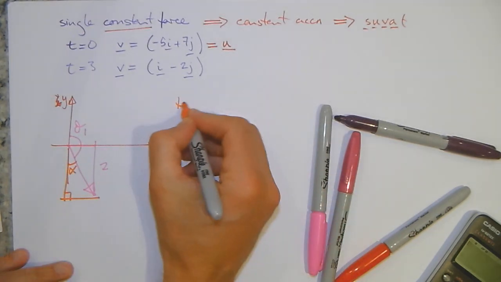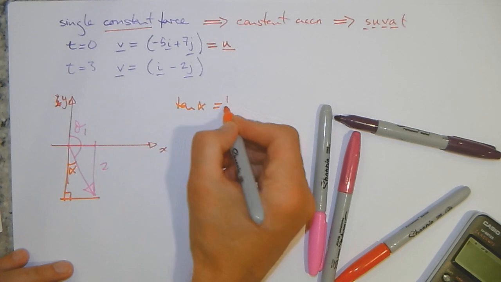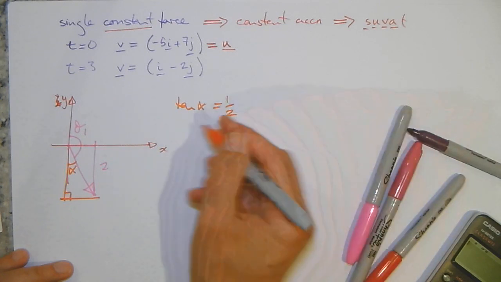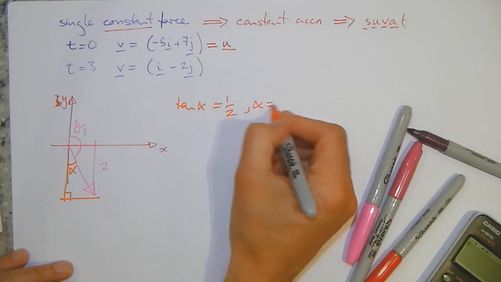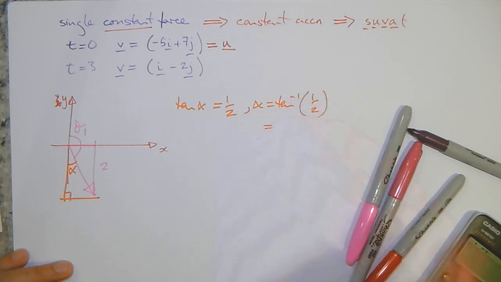So tan alpha is 1 over 2. Alpha is tan minus 1 of a half.